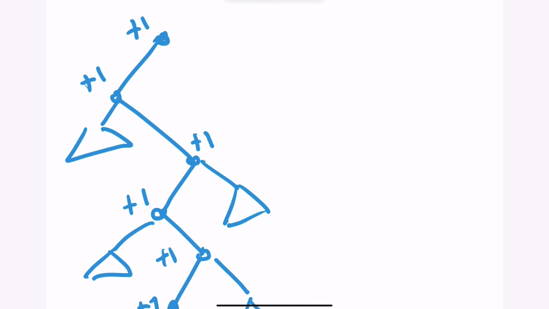Yeah, so we will use a potential function. I'll define a potential function for each node in the tree, and then the total potential will add everything up.